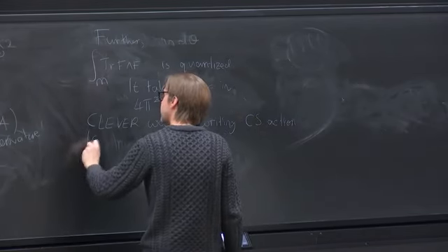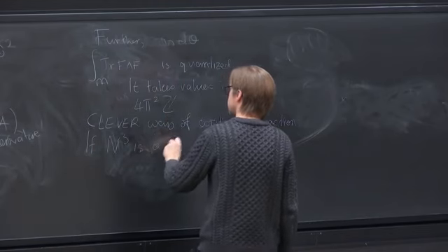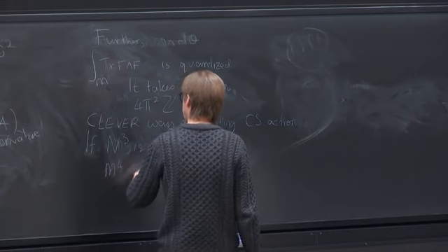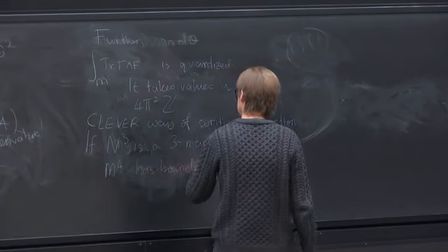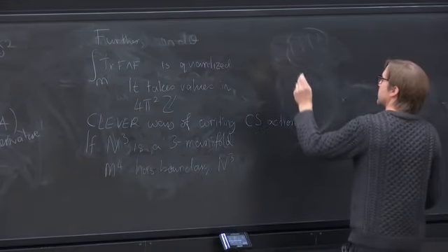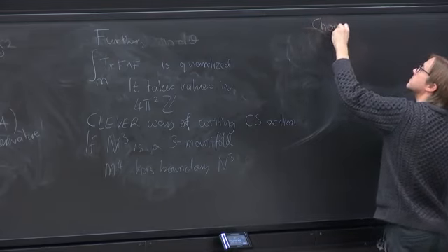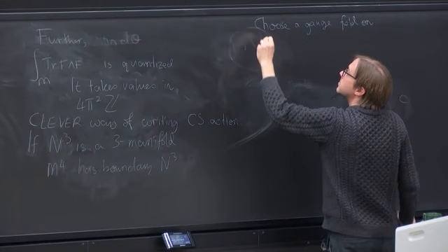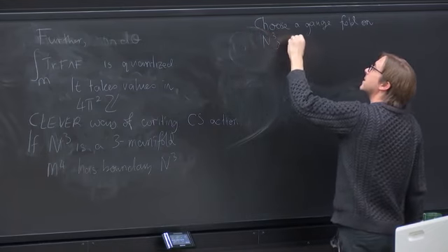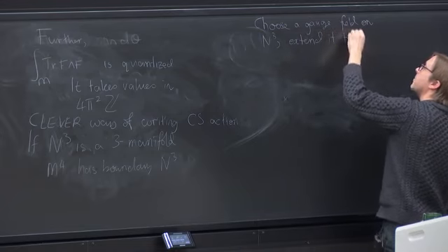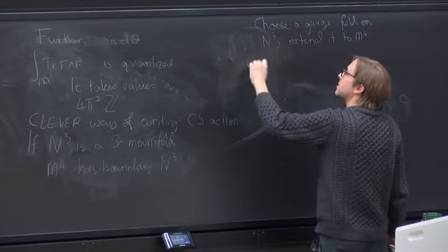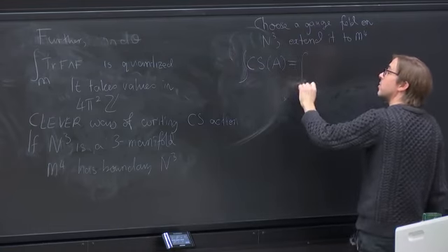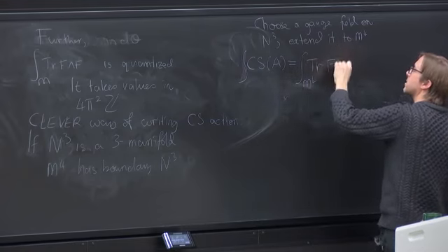So if I have a 3-manifold N3, and M4 has boundary N3, and if we choose a gauge field on N3, and we extend it to M4, then the Chern-Simons action of my gauge field in its integrated form is defined to be the integral over the 4-manifold of the trace of f of a, f of a.